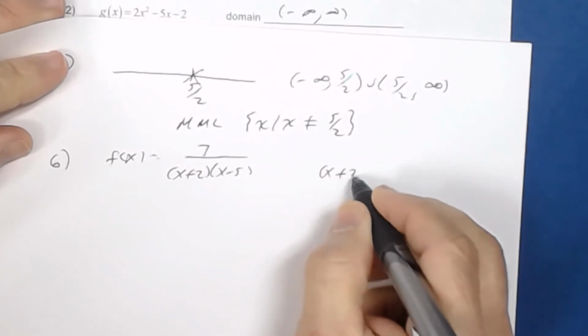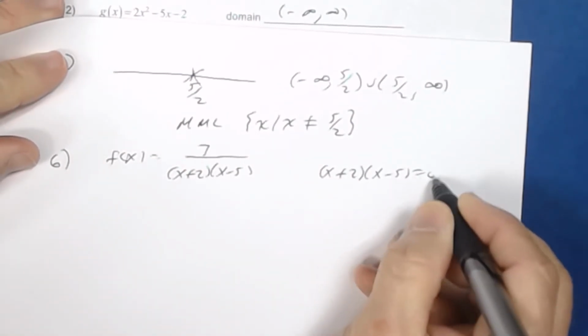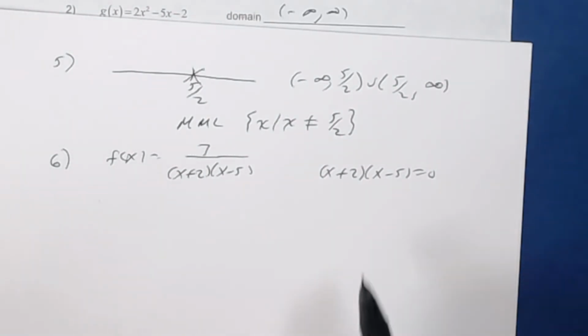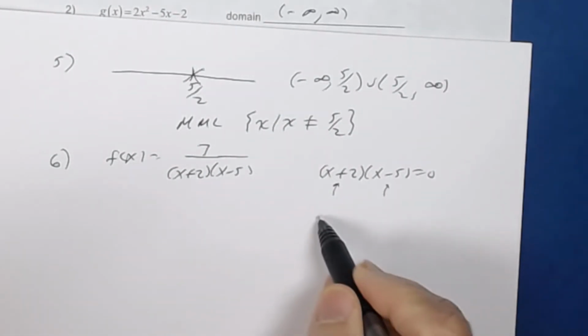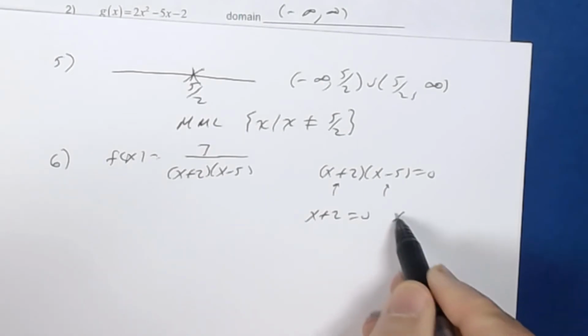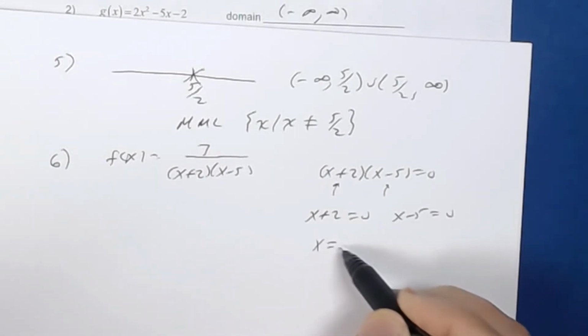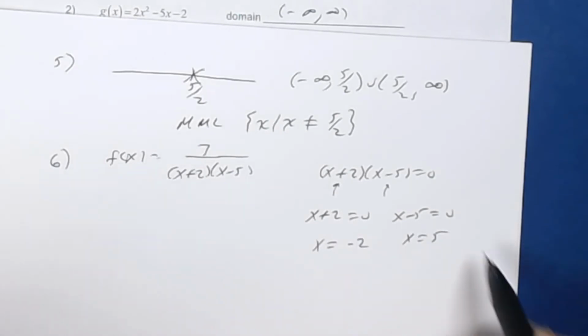So (x plus 2)(x minus 5) equals 0. Remember, you're going to use the zero factor property. So you're going to set each of these factors equal to 0. So x plus 2 equals 0, x minus 5 equals 0. And so you have these two linear equations, so x equals negative 2, x equals 5.